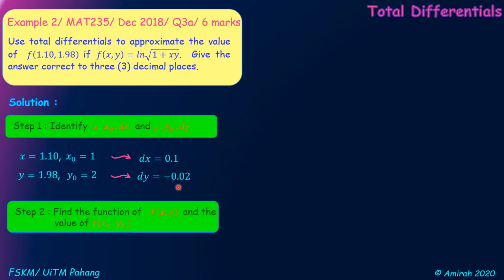Then step 2, find the function f(x,y) and the value of f(x naught, y naught). We are given f(x,y) equals ln square root of (1 plus xy). Then we can find f(x naught, y naught). x naught means 1, y naught equals 2, which means we want to find the value of f(1,2).